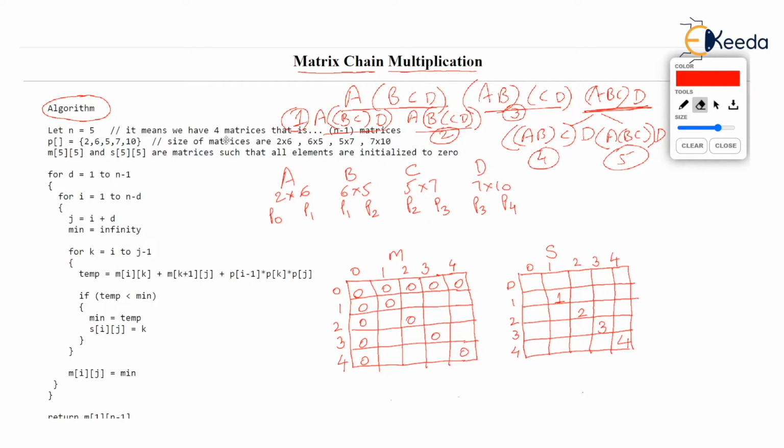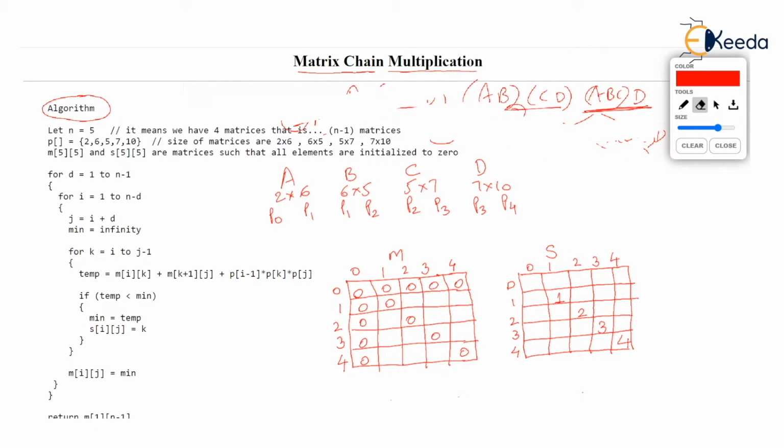Now, how do you represent this input? We will be using a single dimension array. Let's name the array P. The P array will store the values 2, 6, 5, 7, 10.